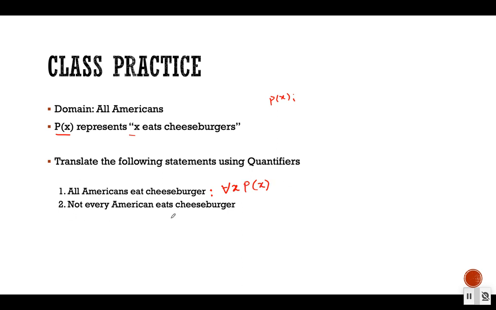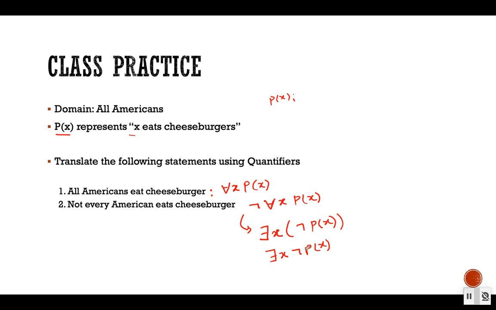Now what about the second one? Not every American eats cheeseburgers. We said that every American eats cheeseburgers, but this says not every American does. So it will be like that: not for all x p(x). Or I can write it just like that, there exists x such that not p(x).